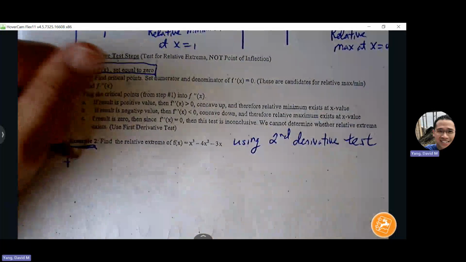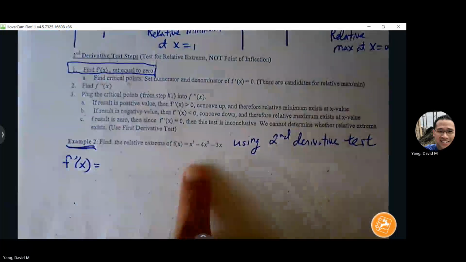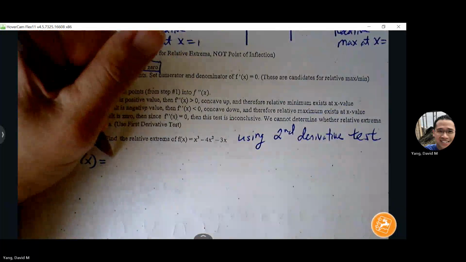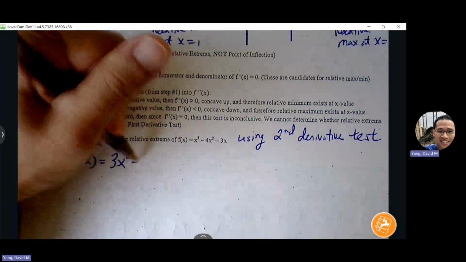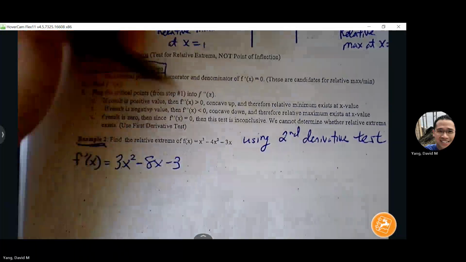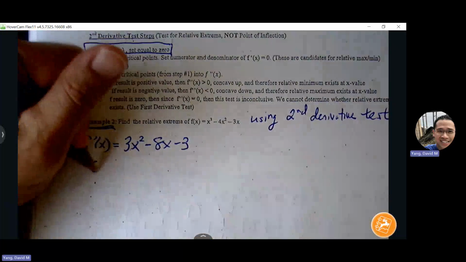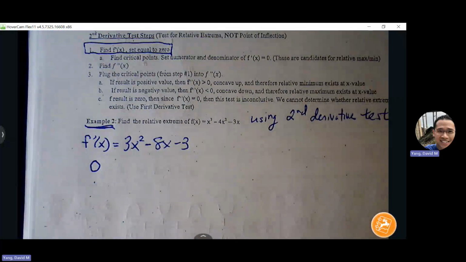Okay, so let's find f prime. What's f prime equal to? Okay. Next up, we're going to set f prime equal to 0. Remember, we're going to follow the same path as first derivative test, but we are going to diverge after we get the critical points.